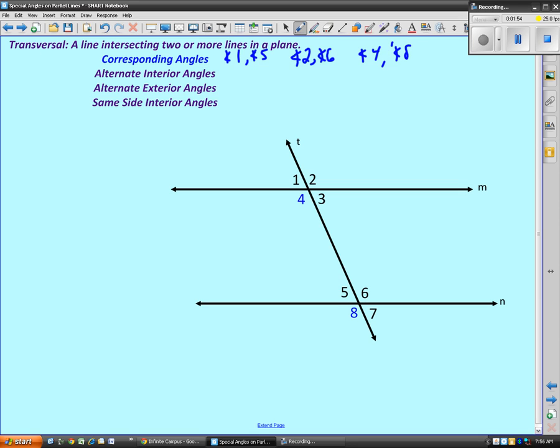Can you name the last pair of corresponding angles? The last pair would be angles 3 and 7 because they are both below the parallel lines and to the right of the transversal.